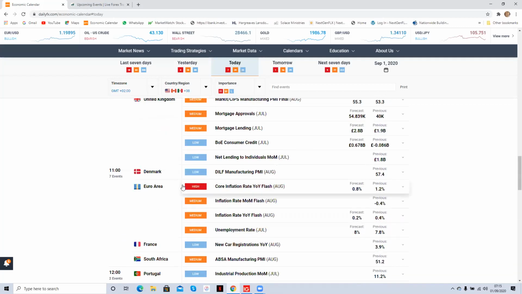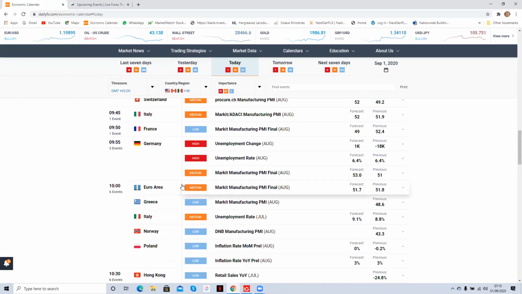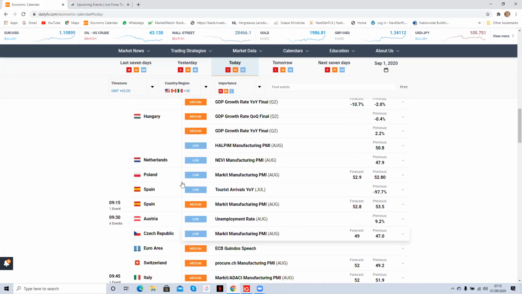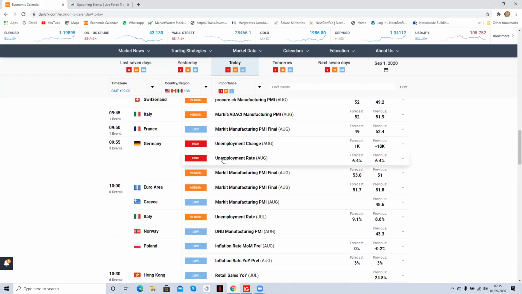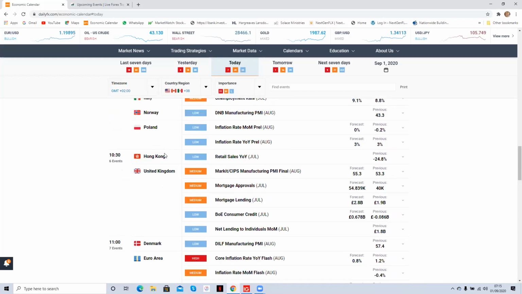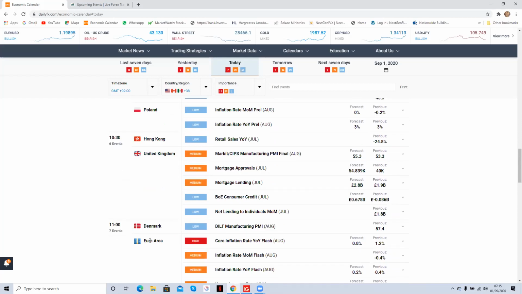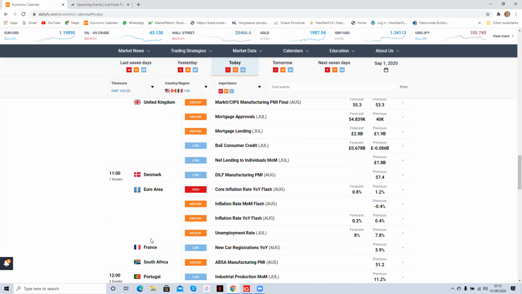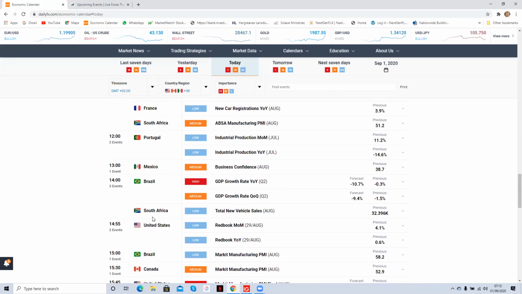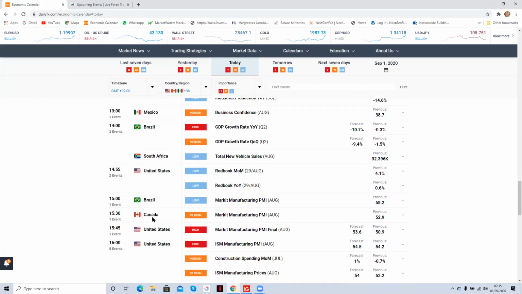But, that's the good thing about trading, there's always a but. You can see that this unemployment rate from Germany and the inflation rate from the euro area are of much higher importance, of much more significance than this manufacturing PMI report at 3:45 and 4 o'clock.